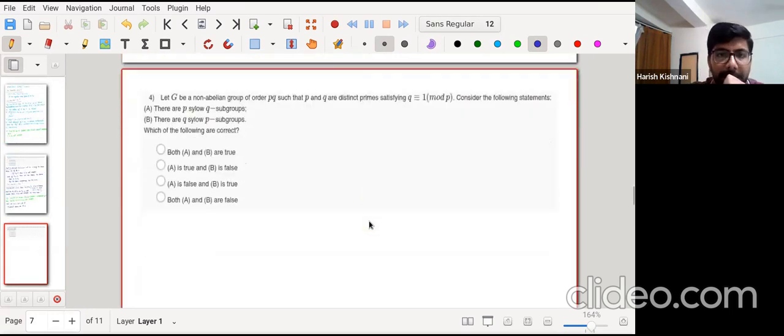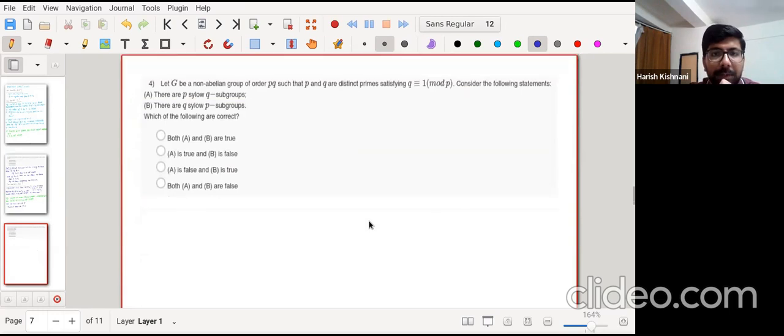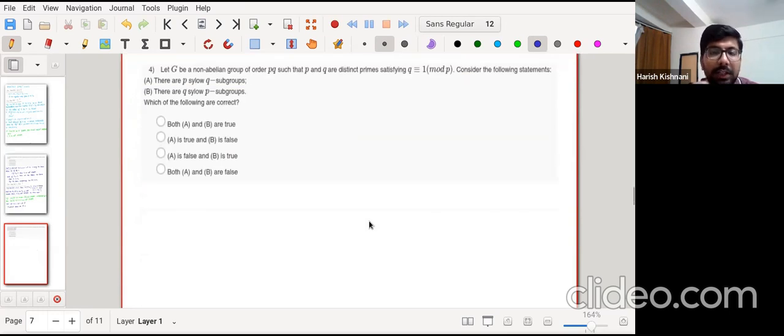So let G be a non-abelian group of order PQ such that P and Q are distinct primes satisfying Q congruent to 1 modulo P. Consider the following statements. Before going to the statements, can we say something about the ordering between Q and P?